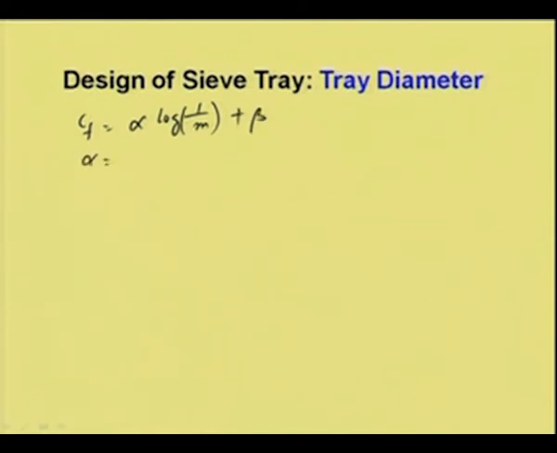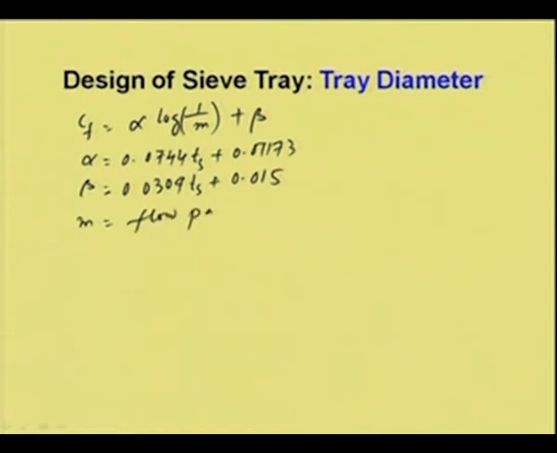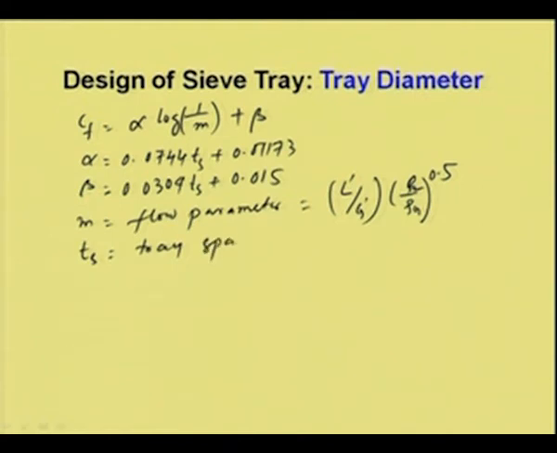Alpha is equal to 0.0744 T_S plus 0.1173 and beta is 0.0304 T_S plus 0.015, and m is equal to the flow parameter, which is equal to (L' by G') into (rho_L by rho_G) to the power 0.5, and T_S is the tray spacing in meter.